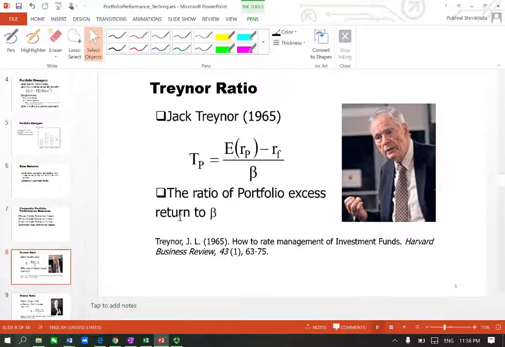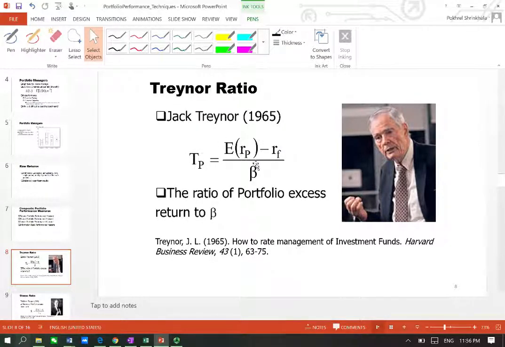So you can see the name of the ratio is taken from Jack Treynor, who published this paper where the ratio was first discussed. So Treynor 1965 developed this first composite measure of portfolio performance that included risk, and the risk is measured by beta.